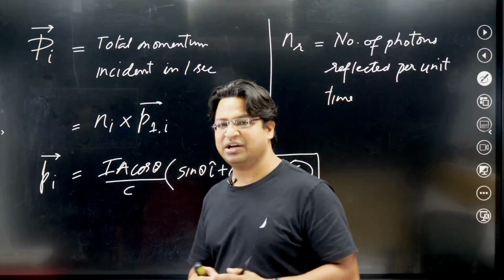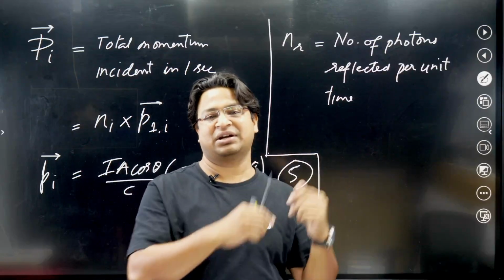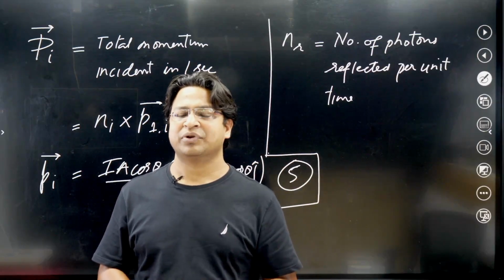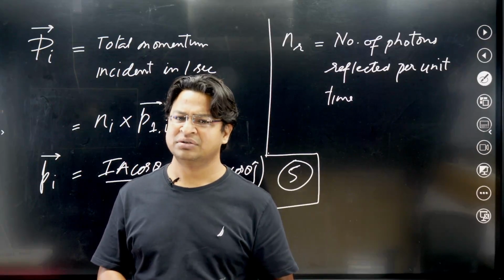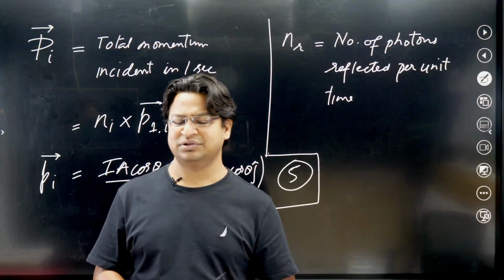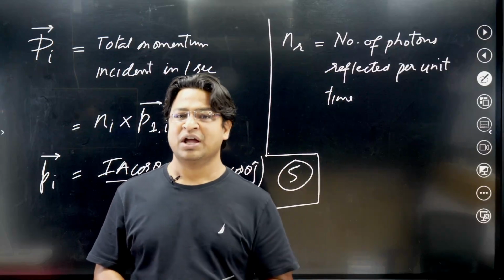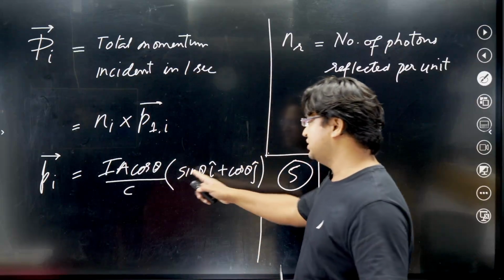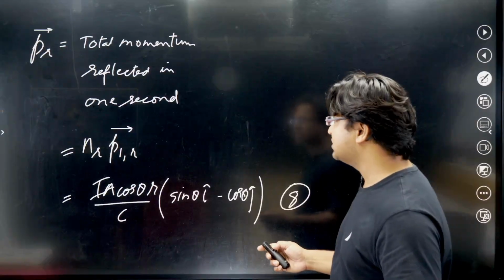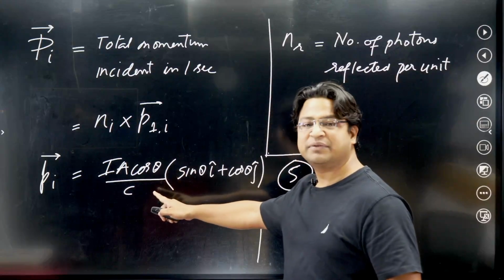So in 1 second, photons came with some momentum, and then their momentum changed. The momentum change per second is the force, by Newton's second law: the rate of change of momentum is equal to the force. So if I calculate the difference of these two, this is the final momentum of the photons, and this is the initial momentum of the photons.